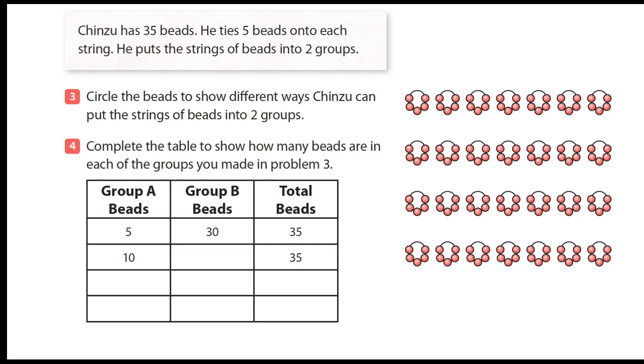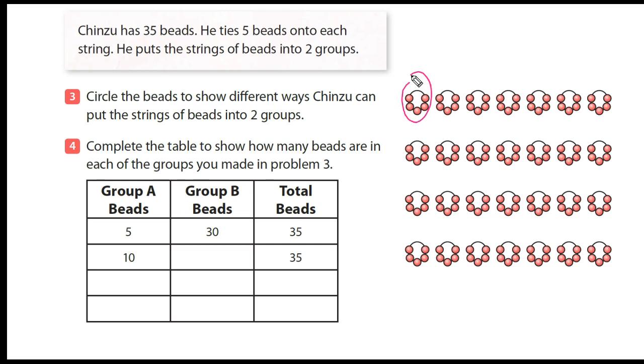It says Chinsu has 35 beads. He ties 5 beads on each string. So this is just one string with 5 beads in it, okay? He puts the string of beads into 2 groups. It says circle the beads to show different ways Chinsu can put the string of beads into 2 groups.